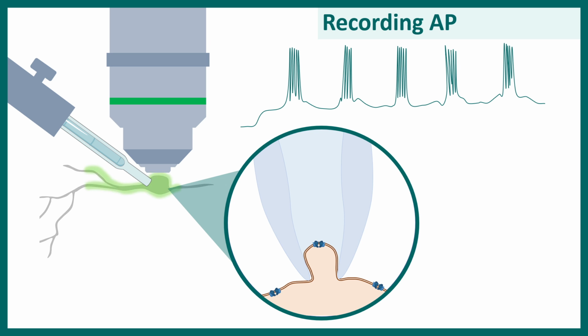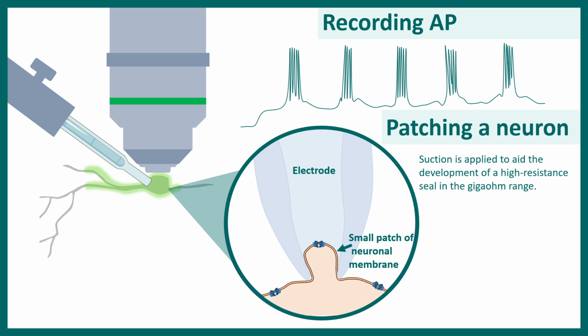And in order to do that, you patch a small portion of the neuronal membrane. So here is the electrode, and here you can see a small patch of the neuronal membrane which is electrically isolated. Now suction is applied when the electrode approaches the neuron, and this creates a very high resistance seal around the sucked membrane.